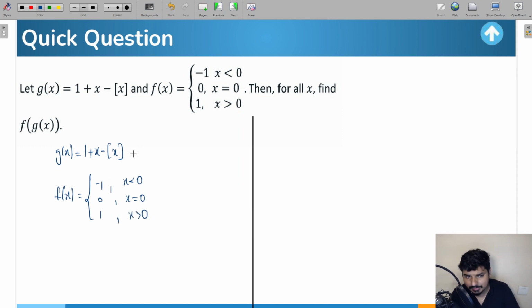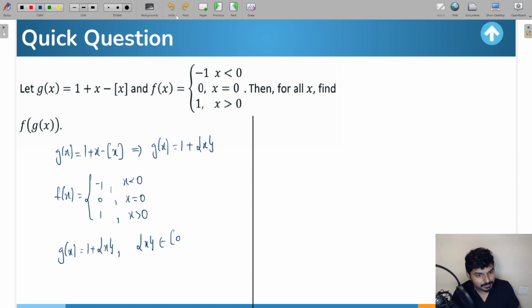Now when we basically analyze the function g of x, g of x is going to be something like this. 1 plus, we do know x minus [x] is going to be the fractional part of x, right? Now from here हमें तो ये पता है कि regarding g of x equal to 1 plus fractional part of x, we do know that fractional part का जो भी value है, it always lies between 0 to 1.